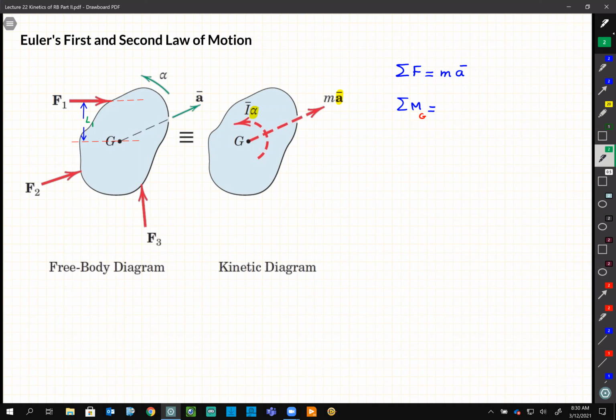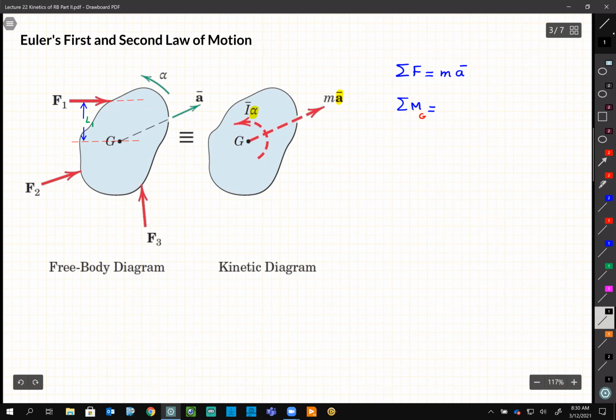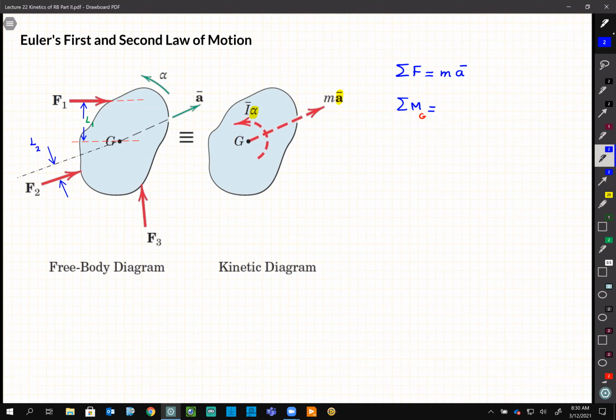And similarly, let's say I continue the line here, maybe with a different color. So this will be my L2. You learn it in Statics in 260, so you should be good with that.